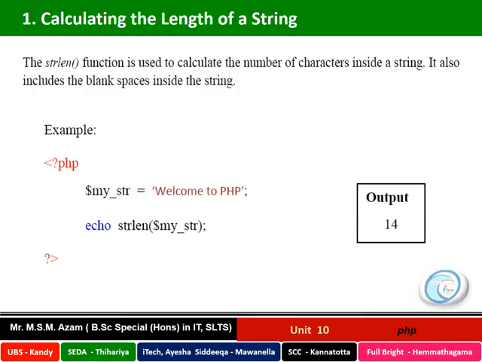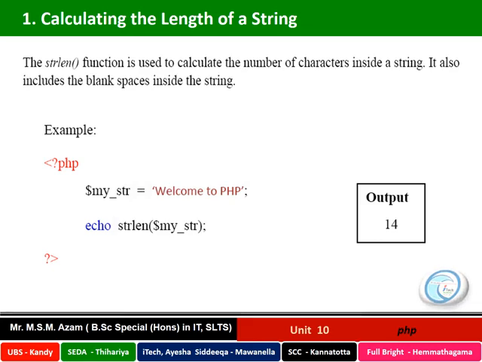First, I'm going to talk about calculating the length of a string. There is a function called the string length function, or the short form strlen function, which is used to calculate the number of characters inside a string in PHP. It also includes the blank spaces inside the string.